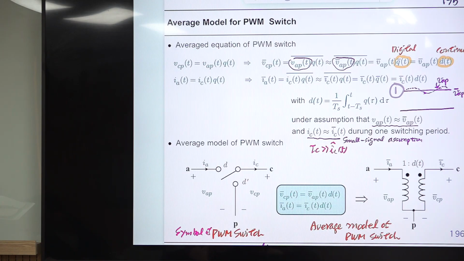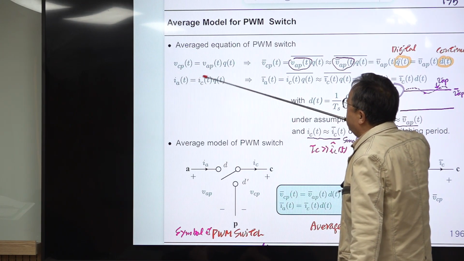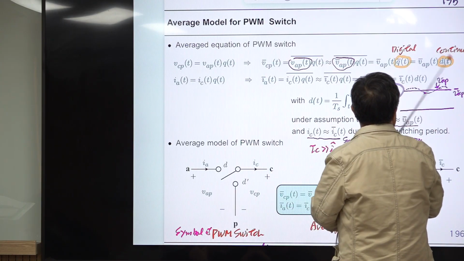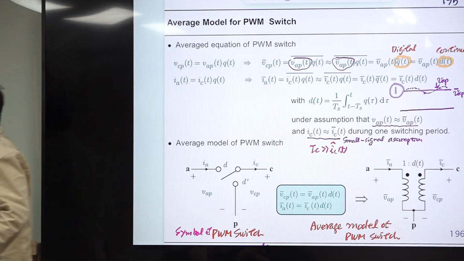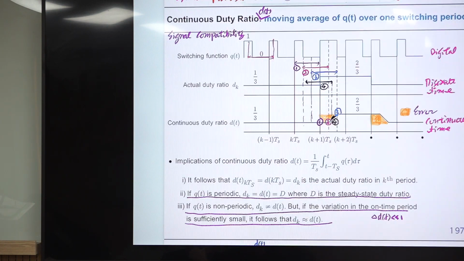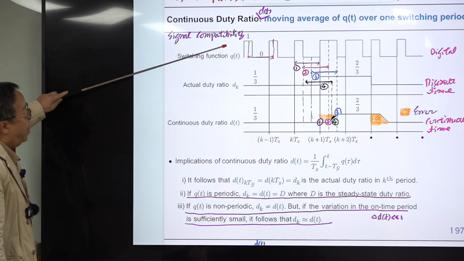So you skip all of these steps and just put bar everywhere and replace this with d(t), then you will get the average model of the PWM switch. Okay, so this explains some details about the definition of the continuous duty ratio d(t), and this is the signal comparability.